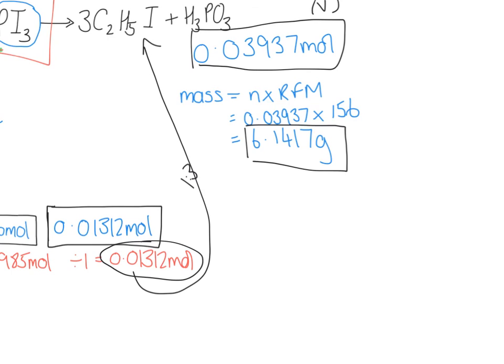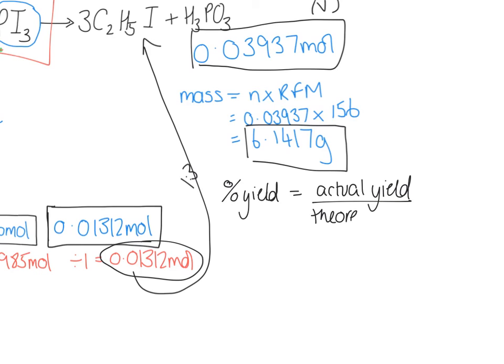So going back to our working out, we can work out that the percentage yield is the actual yield over the theoretical yield, times 100%.